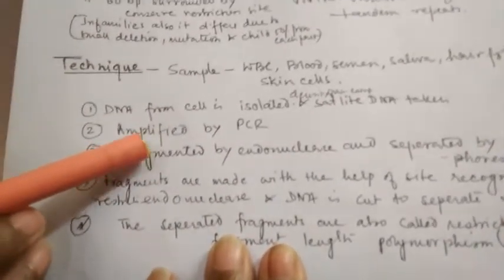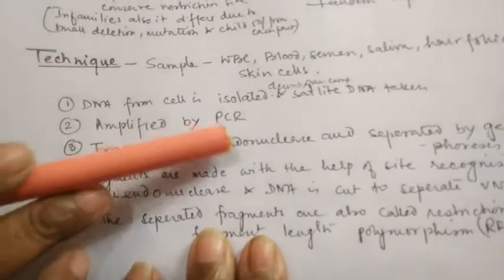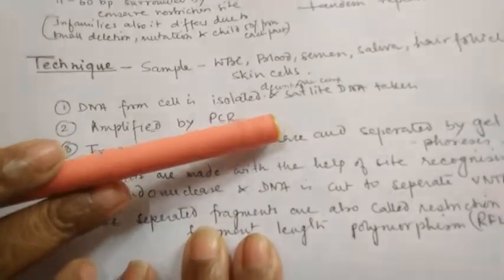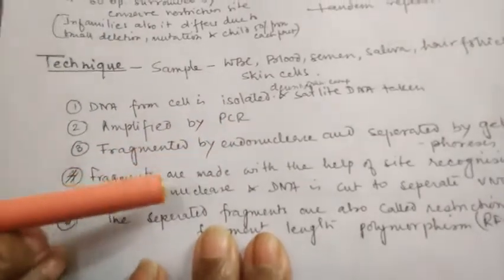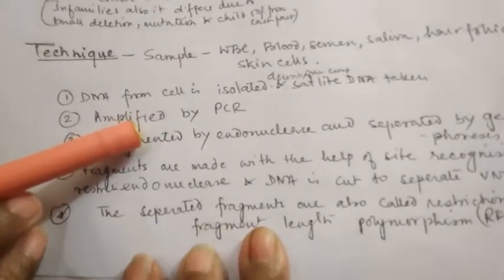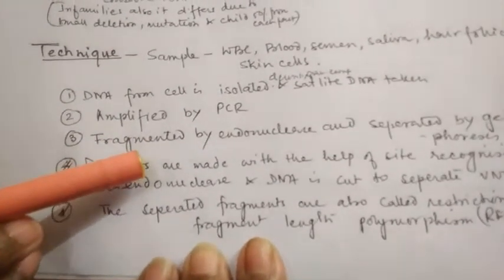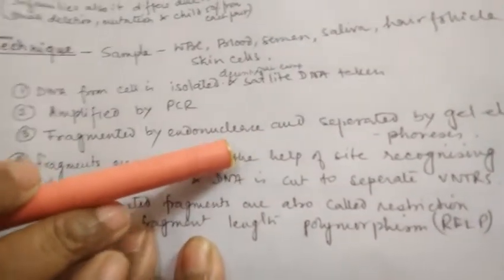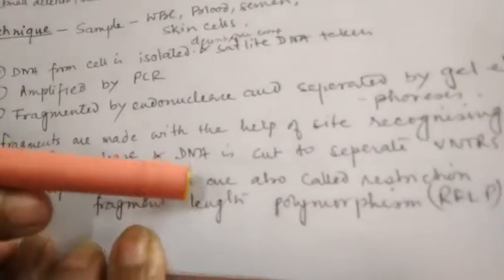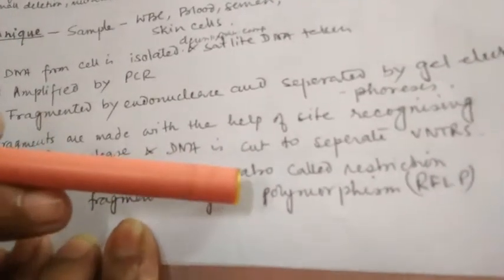Now this region is amplified through polymerase chain reaction, because the satellite region contains the unique sequence. After amplification, these are fragmented by site-recognizing restriction endonucleases, and as a result the separate VNTRs are cut separately.